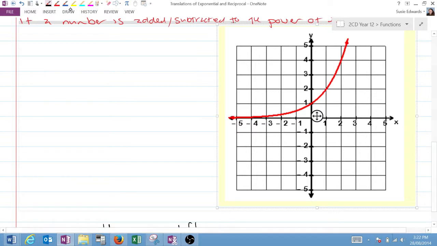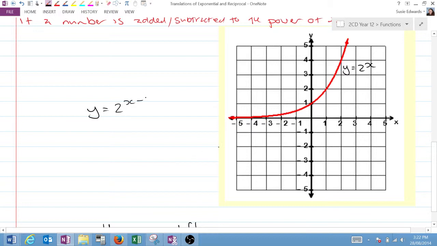Okay, so if we look at this, this is y equals 2 to the power of x. If we try and graph y equals 2 to the power of x, take x plus 3, it means everything moves to the left by 3. So we've got this key point here. We move it to the left by 3. 1, 2, 3. So that point there is now going to be there.